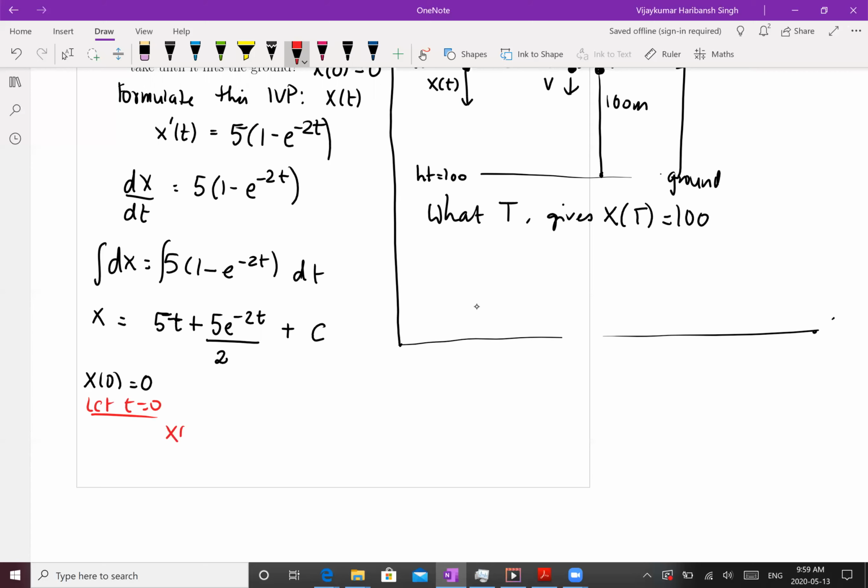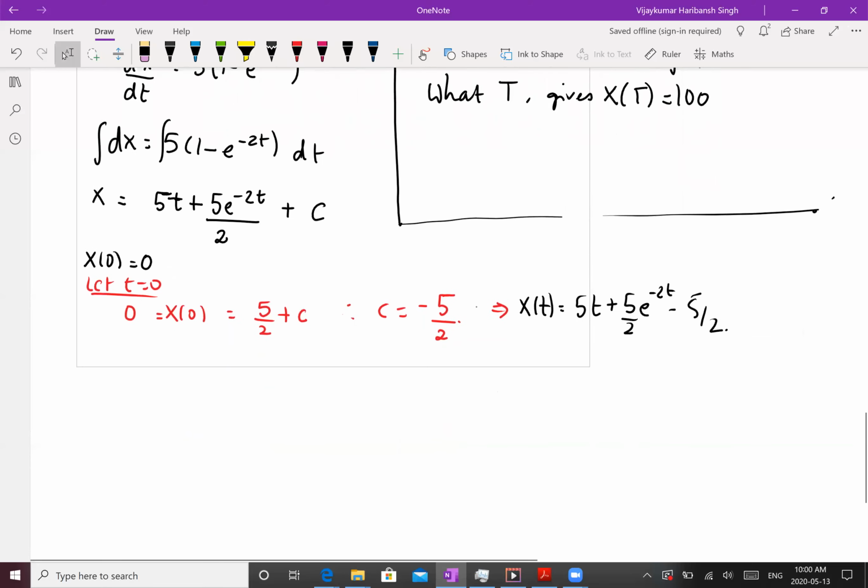On one side, you get x of 0 equals 0. On the other side, you get 5 by 2 plus c. Therefore, c equals minus 5 by 2. Then you put it back in your solution. This gives me x of t equals 5t plus 5 by 2 e to the power minus 2t minus 5 by 2.